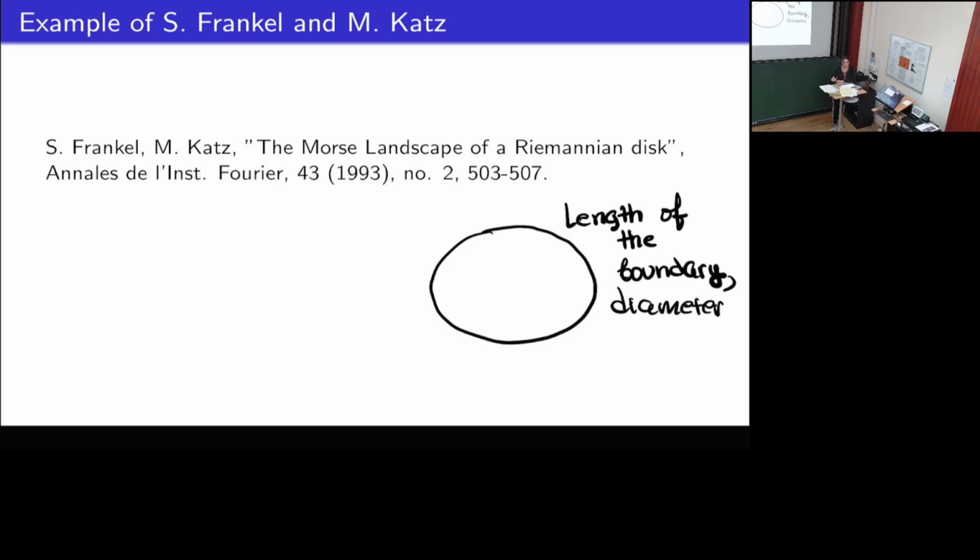And you want to produce some nice homotopy of the boundary that goes through short curves. So something maybe that looks like this. Is it always possible to do it?